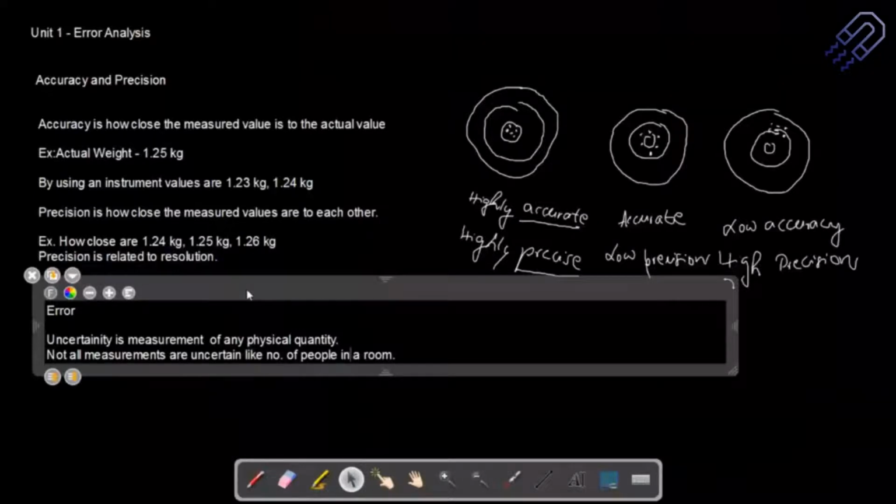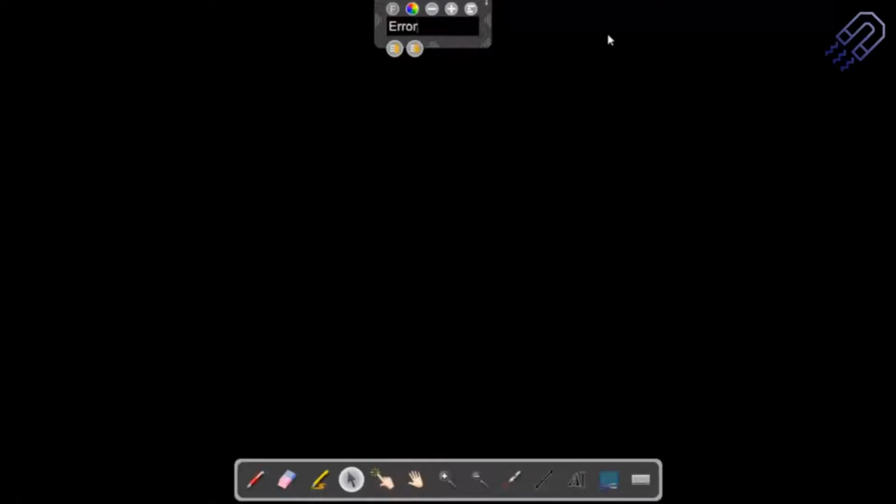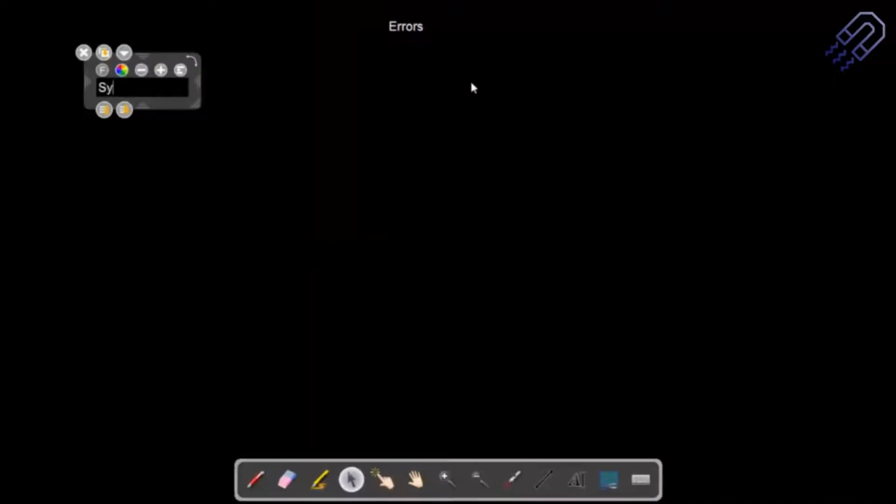Okay, so when we look into error, there are actually two kinds of errors which you might have already heard about. These are the systematic error and the random error. So let's just write down those points. If we look into errors, there are two kinds of error. One is systematic error, and we are going to take it one by one.